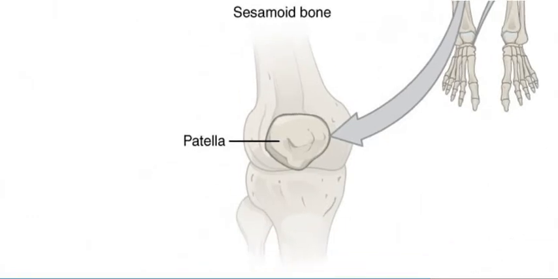The sesamoid bone is the final shape of bone that we're going to consider here. And I've put it at the end because it's different from the rest. All of those others develop in a particular way, or two particular ways that we'll discuss later on. Sesamoid bones are different in that they calcify out of other soft tissues. And the one that everybody has is the patella, or the kneecap, which is actually just a calcification of the tendon from the muscle in your thigh called the quadriceps before it connects to the tibia, or your shin bone.